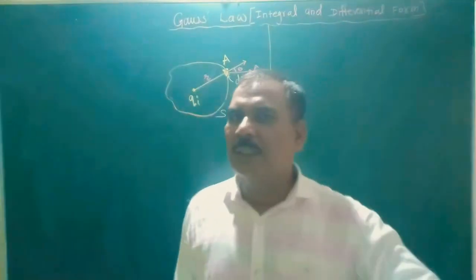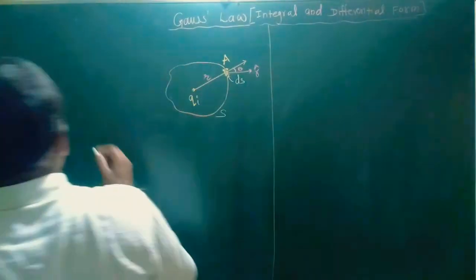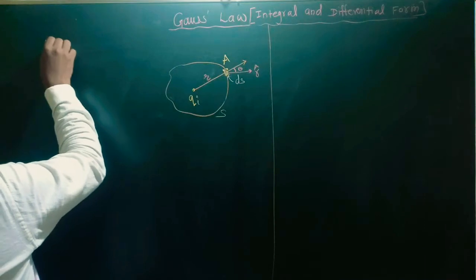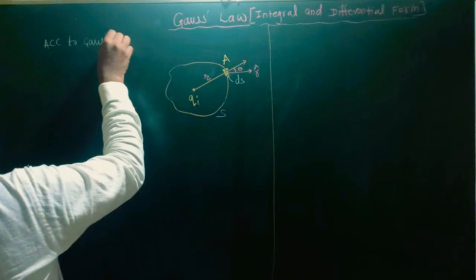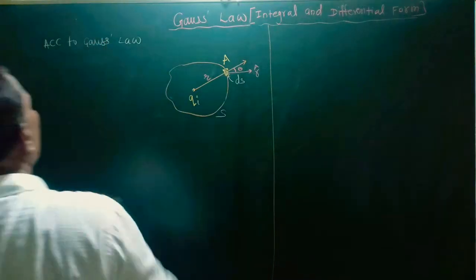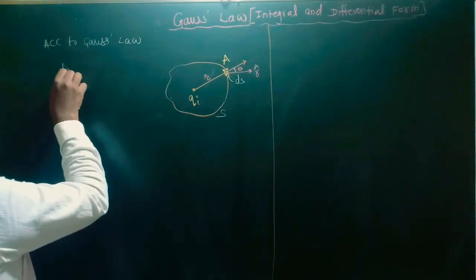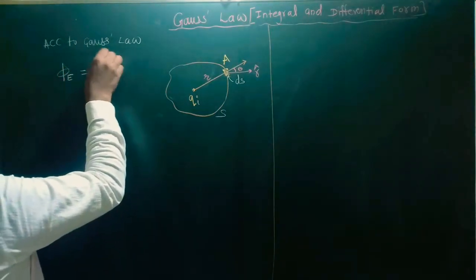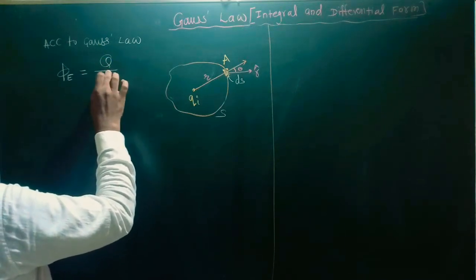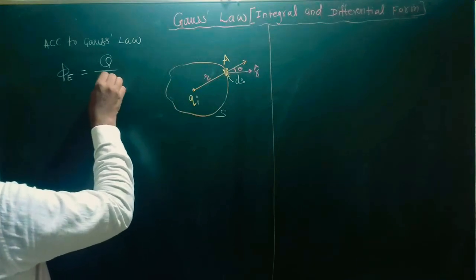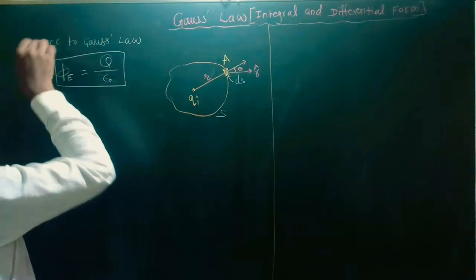According to Gauss law, flux phi E is equal to Q upon epsilon 0.